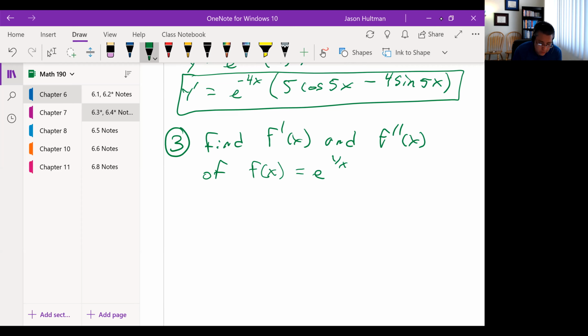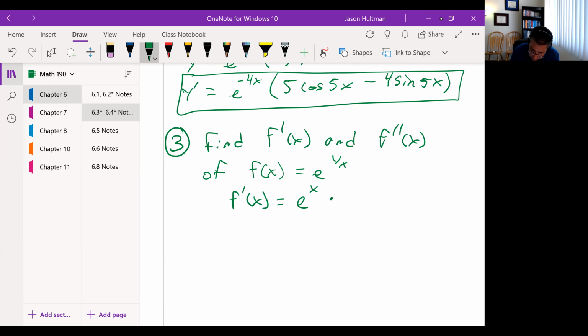Okay, so let's take the first derivative here, f prime of x. Derivative of the first: the derivative of e is itself, e to the x, times the derivative of 1 over x.